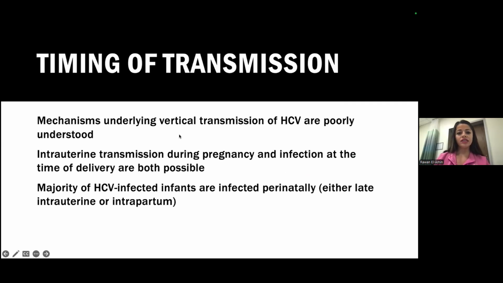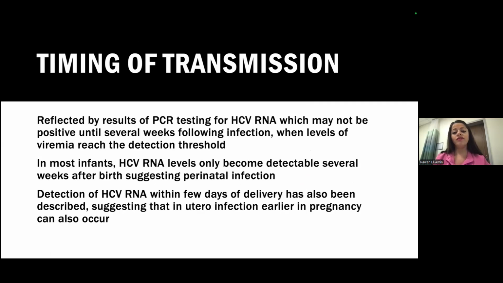And the timing of transmission has been looked into before. Infants can be infected perinatally, either intrauterine or intrapartum. The way we know intrauterine transmission is possible is whenever infants are tested a few days after delivery and they have HCV RNA in their blood.